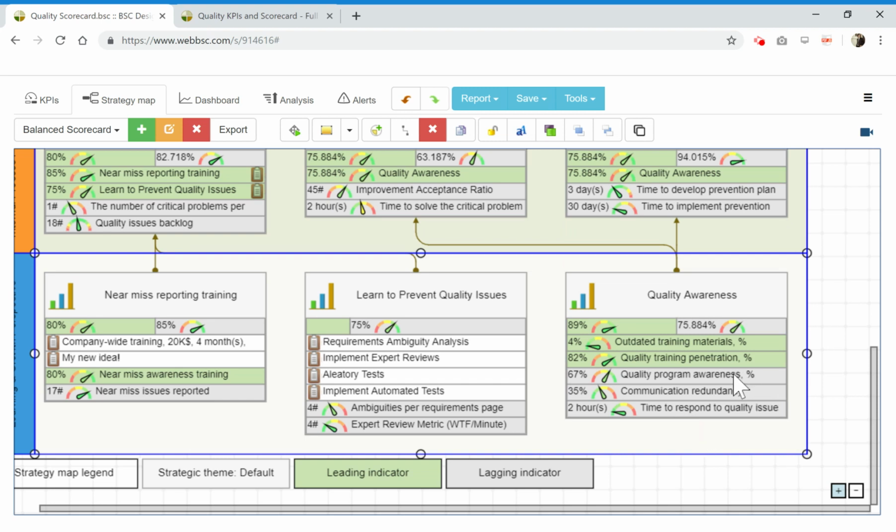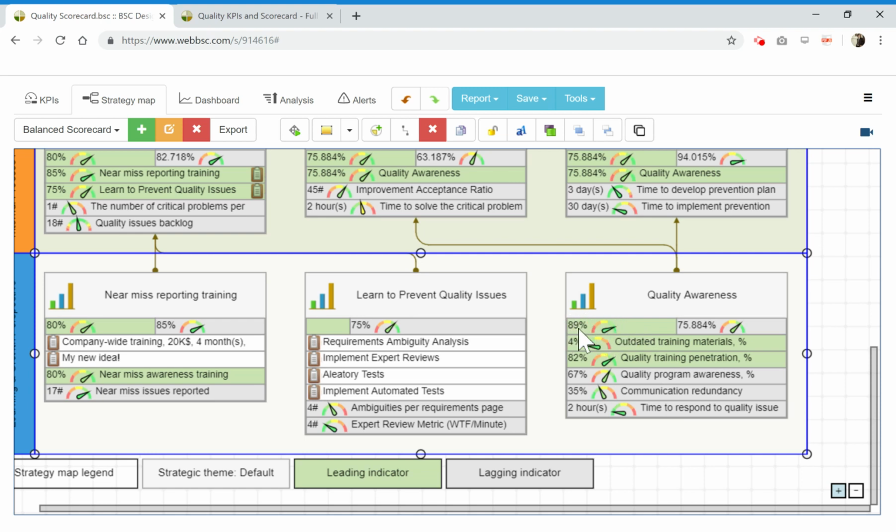We will calculate separately the leading performance, in other words, the performance of these two leading indicators, and we'll calculate separately the performance of these three lagging indicators. And when doing so, we will actually get to this number.